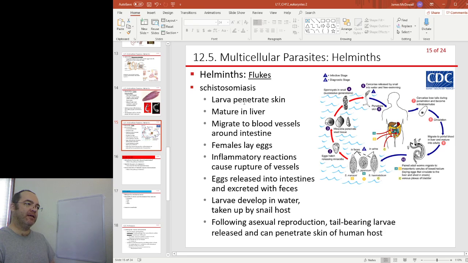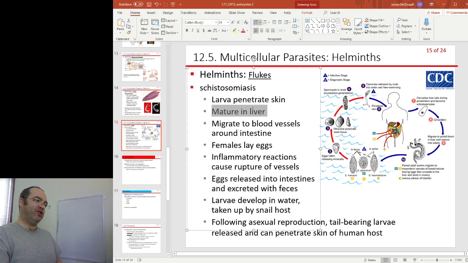So once the larvae penetrate the skin, the larvae move to the liver, and that's where they mature. From the liver, they migrate to the blood vessels around the intestines. So this is now outside the intestine.